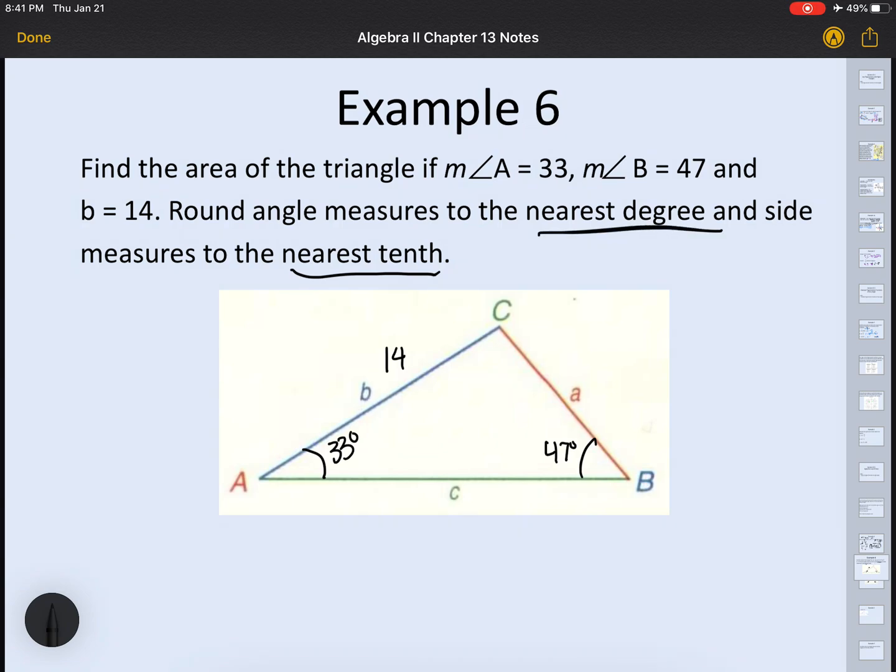All right, so let's talk about what we're even given. We're given two angles, A and B, and then one side, which was B. We could use the formula that has the sine of A or B. We could really just use any formula we want to. We just have to pick out what information we have and what we have to get yet.